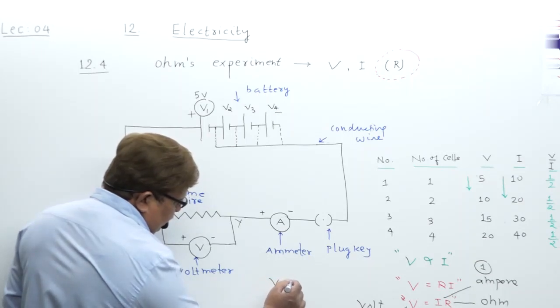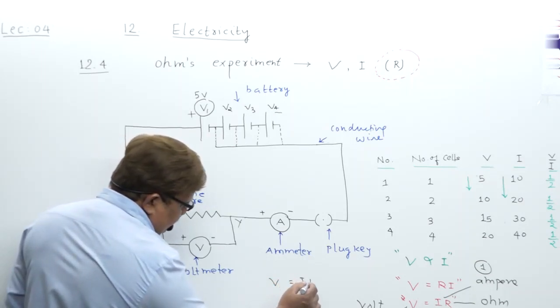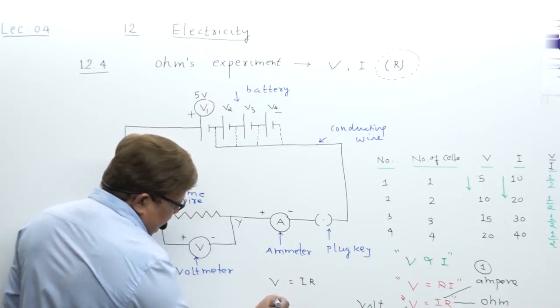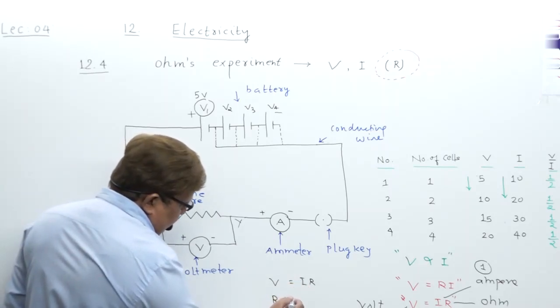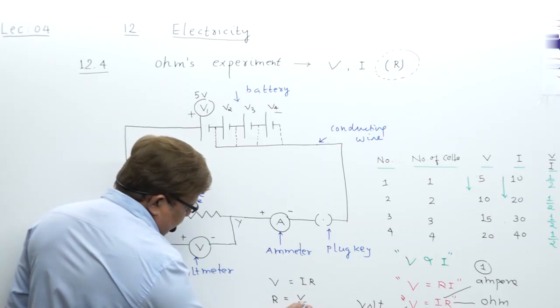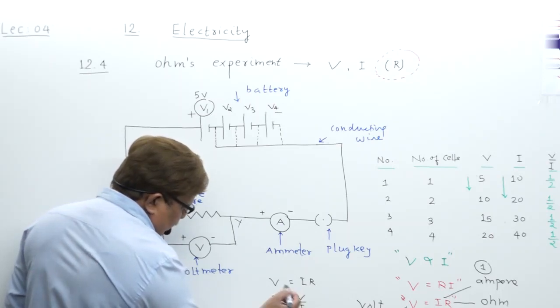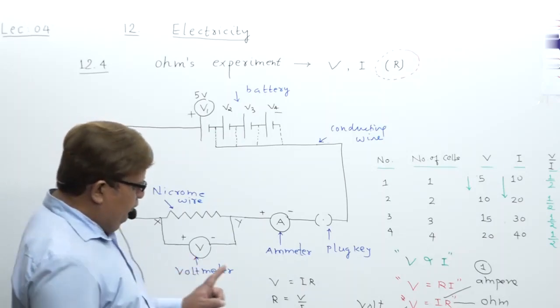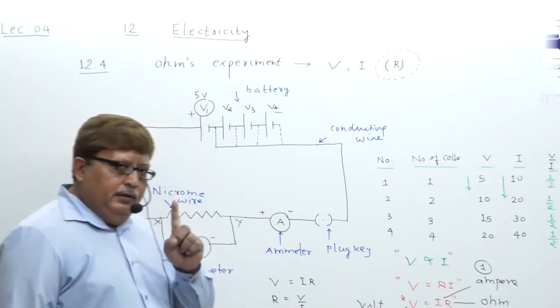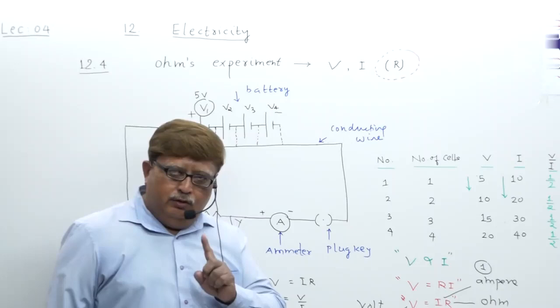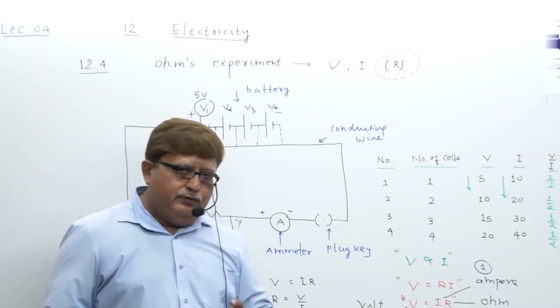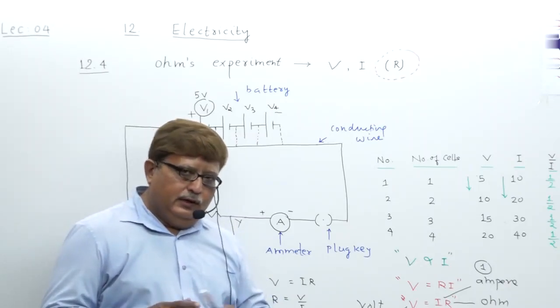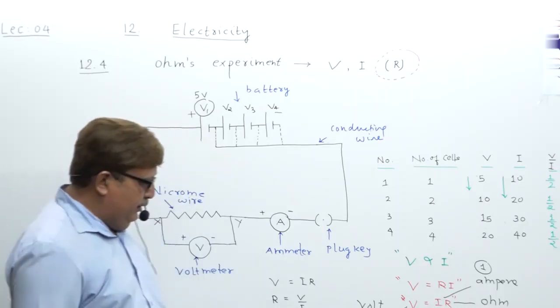V equal to IR, I in a transfer, so R equal to what? V upon I. Now from here you can easily define 1 ohm resistance. Okay, how to start defining it?